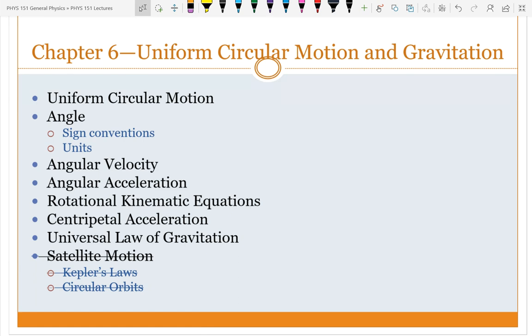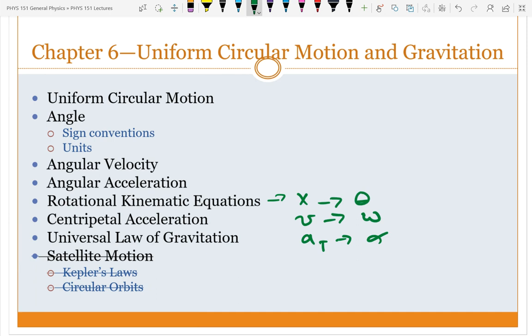But circular motion, you should understand what our rotational variables are and why it's useful to treat rigid objects using circular or angular variables. And then we have the kinematic equations, just like we had with linear, except you replace x with angle, v with angular velocity, and the tangential acceleration with the angular acceleration.